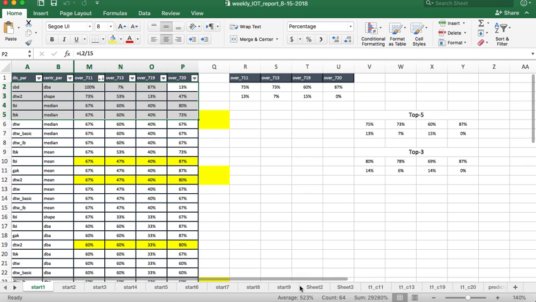So there is a tab here, start one, meaning that these are the scenarios where we make the time series from the first time point.